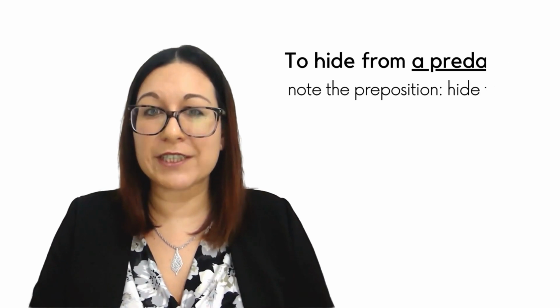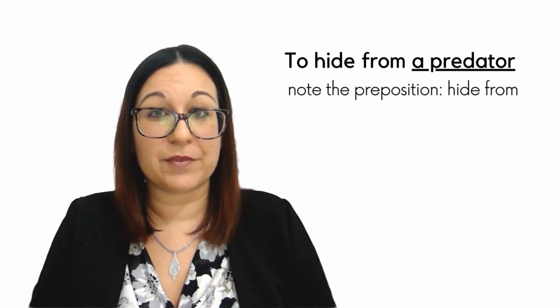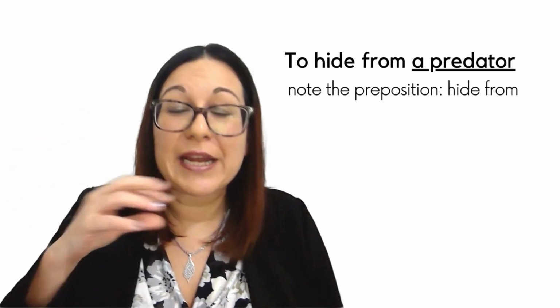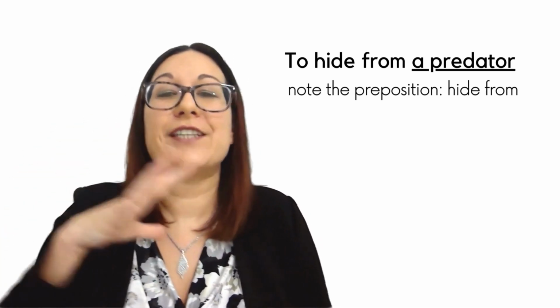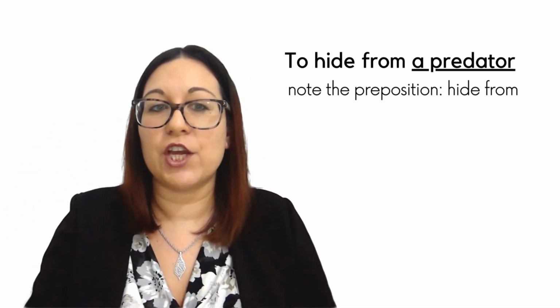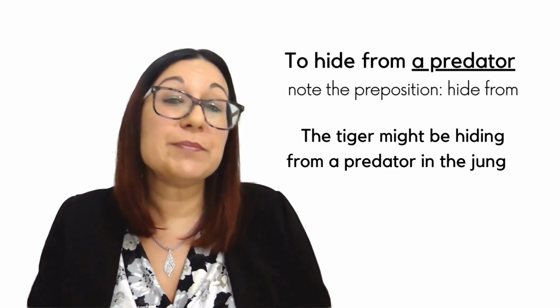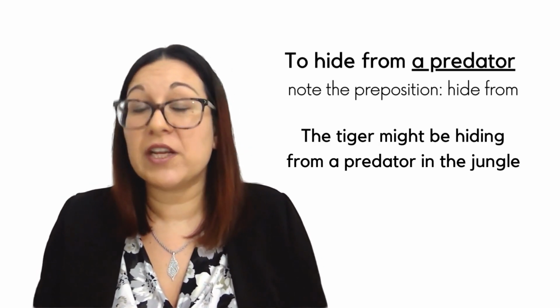So tigers are pretty dangerous creatures. I'm not quite sure what they would be hiding from specifically, but the general term predator would work very well here. So the predator is going to attack. The predator is dangerous. So the tiger might be hiding from a predator in the jungle. Now, I don't know exactly what tigers hunt, so let's be general about this and say prey.